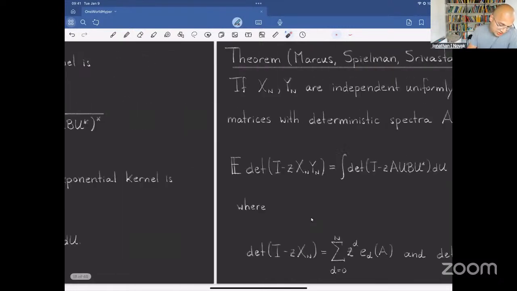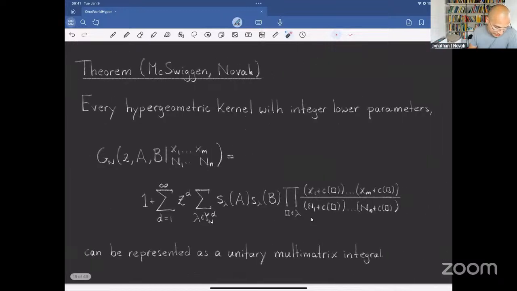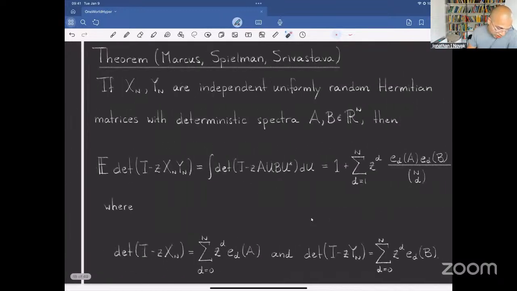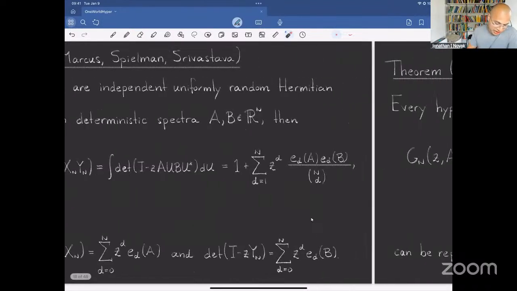Okay, good. So that's one example of one of these hypergeometric matrix kernels in action in random matrix theory. And so how many formulas like this are there? There are as many as you want.